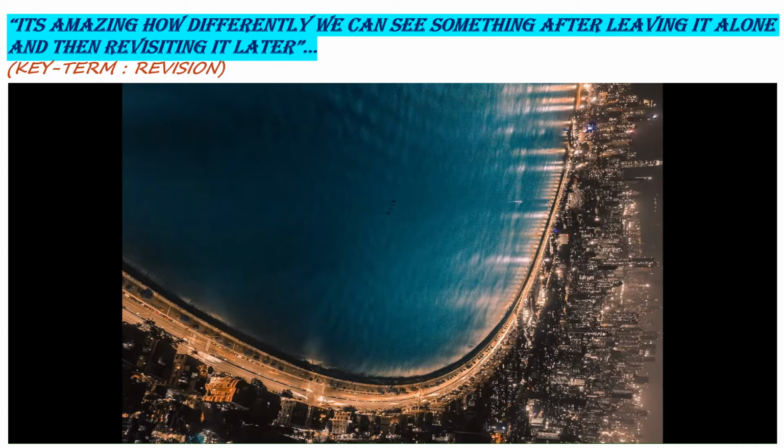This is the literal way, and we will proceed through this thought to the legal world, actually the world of patents. How in the world of patents the key term revision has a significant effect, that we will discuss in the further slides. Okay, so let us proceed.